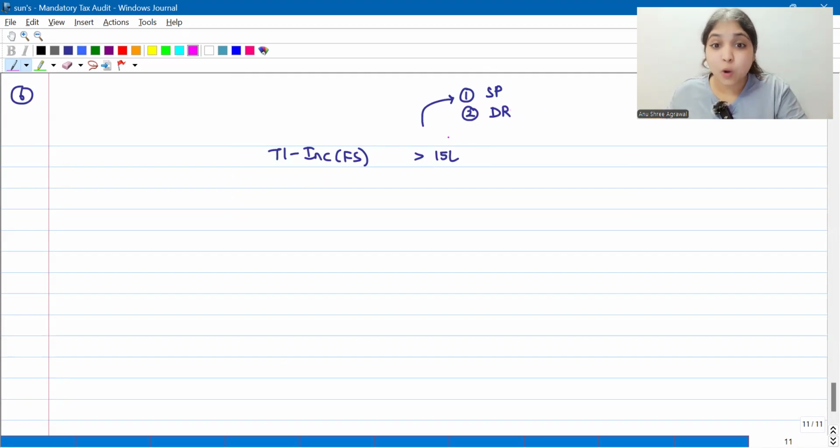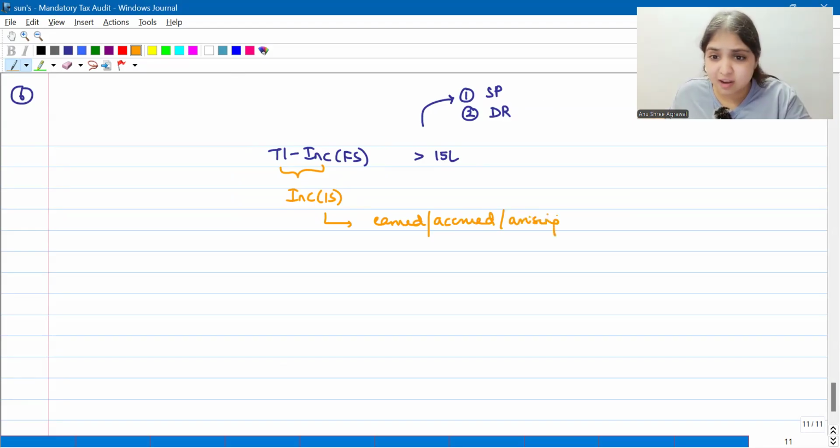Okay. Now, in these 2 places, when you're doing this calculation, listen carefully. Total income minus income from foreign sources is nothing but income from Indian sources, guys. Income from Indian source means what? It means an income which is earned in India, or income which is accrued in India, or income which is arising in India, or income which has a source in India.